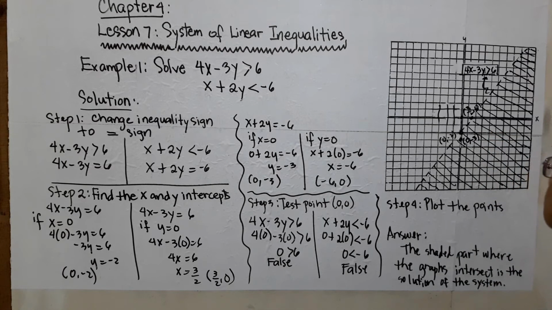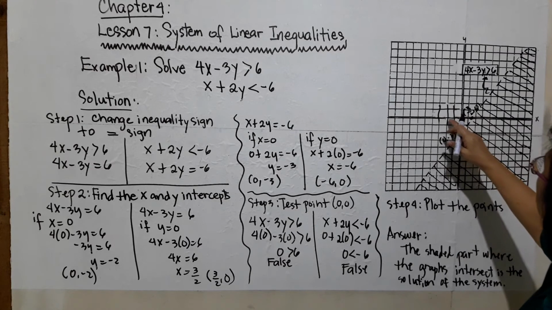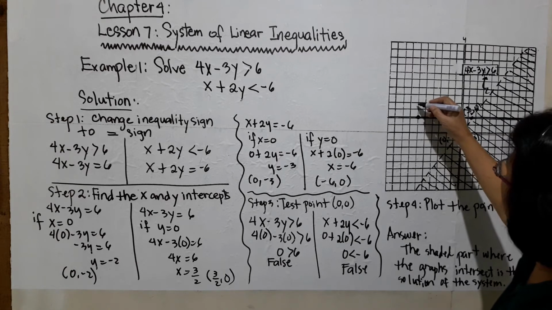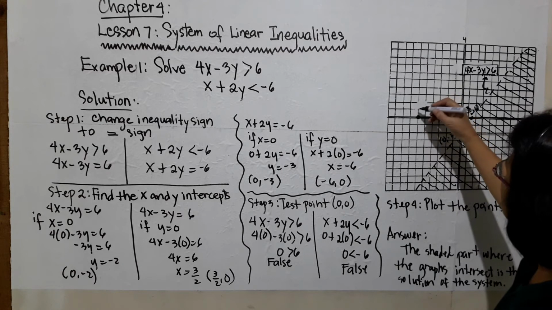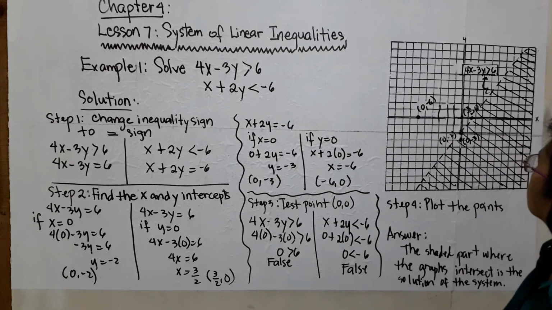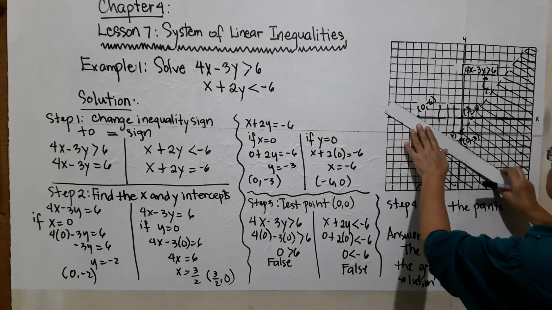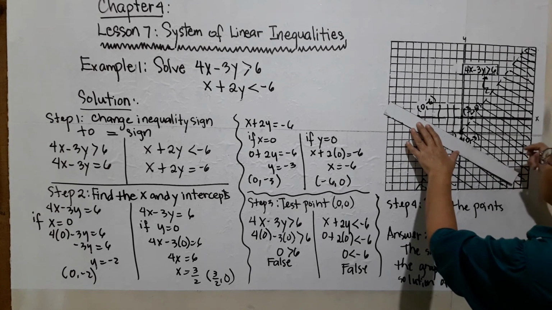And the other one is negative 6. So at the left, negative 6. So we have negative 6, 1, 2, 3, 4, 5, 6. So we have 0, negative 6. Let's connect the points for the second inequality. Also a broken line because the symbol of inequality is less than.